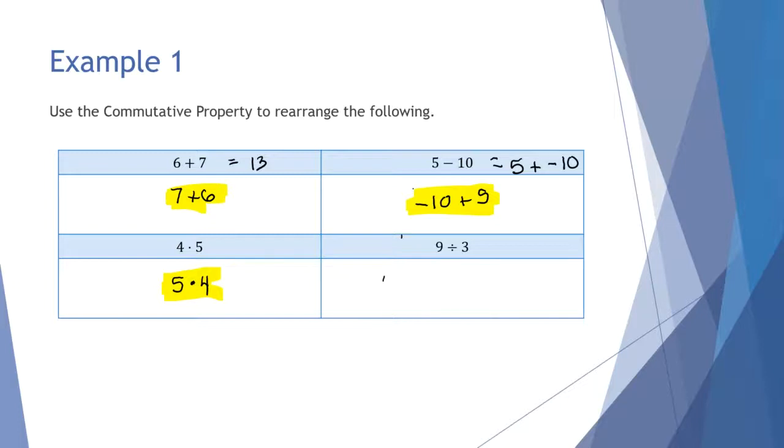So if I have division, like 9 divided by 3, I have to first rewrite that as multiplication. That's multiplying by the reciprocal, so that would be 9 times 1 over 3. Once I rewrite that as multiplication, then I can use the commutative property to flip-flop them, which would be 1/3 times 9.